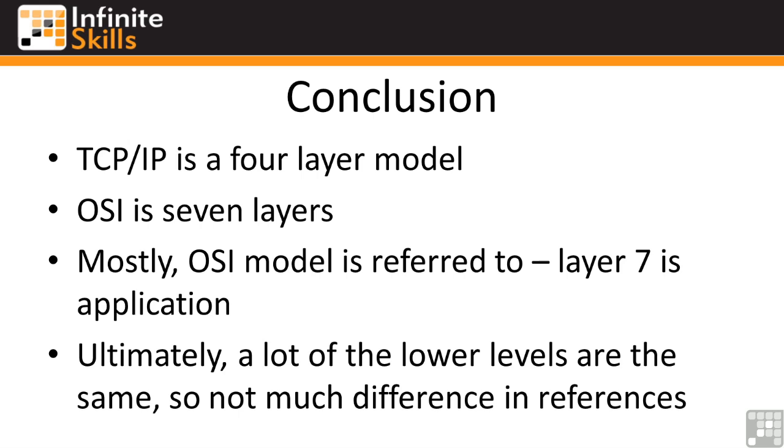So if you start hearing somebody talk about a layer 7 thing, then that's definitely the OSI model because the TCP/IP model doesn't have 7 layers. Ultimately, a lot of the lower levels are the same, so there's not a lot of differences, and you don't really hear a lot of people talk about layer 5 and layer 6 anyway. So the application layers for most purposes would be discussed in kind of the same way.